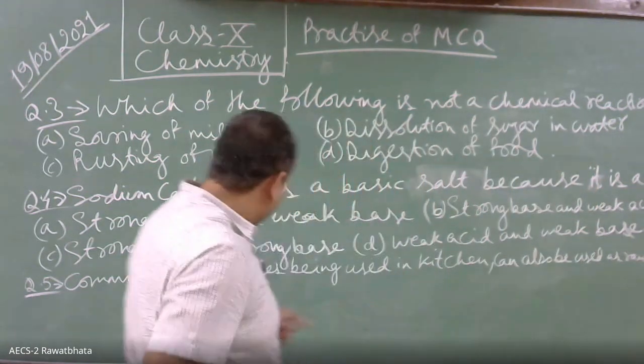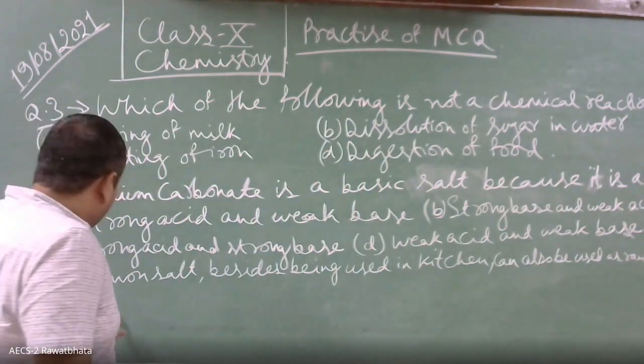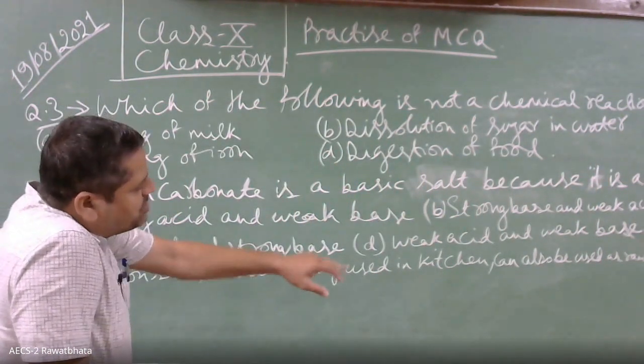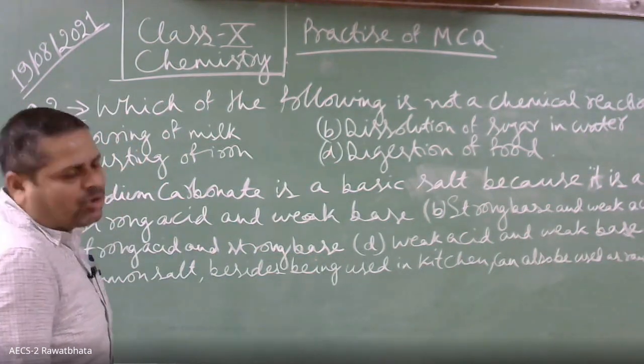Can you read this line? I am reading. If you are not able to read, common salt, besides being used in kitchen, can also be used as a raw material for.